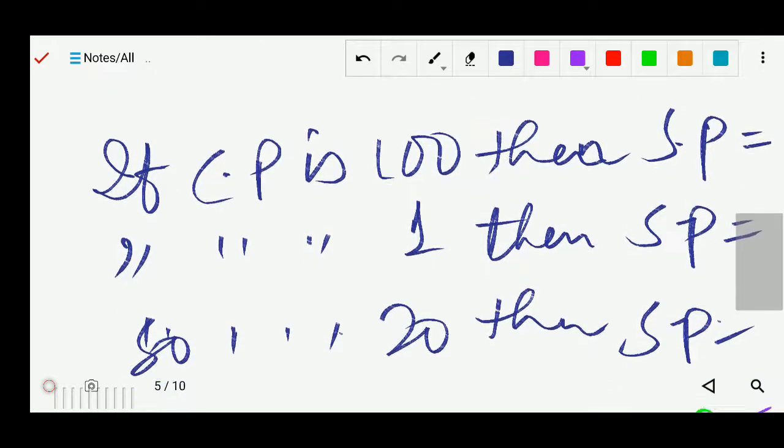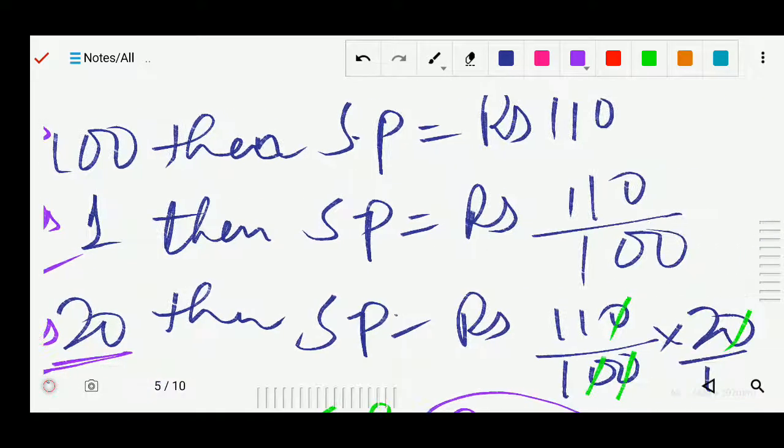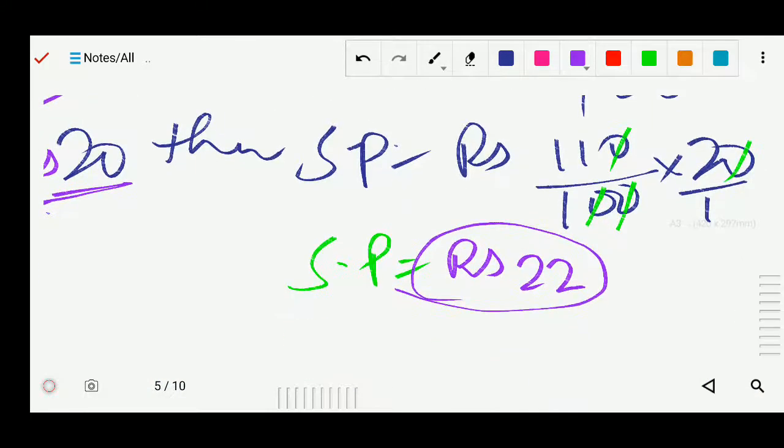If CP is 1, then selling price will be 110 by 100. So if CP is rupees 20, then the selling price, we have the answer. What is the answer? Selling price is rupees 22.